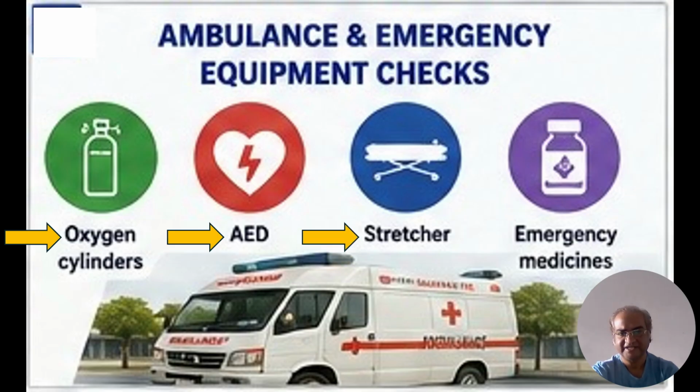Stretcher, that is gurney trolley, you need to pull it out every morning, every beginning of the shift you come, and check whether it is functioning properly, smoothly, whether a lock is opening or not. All these things you need to check every day, every shift. Emergency medicines, whether they are properly placed in the emergency kit, if there is anything required.